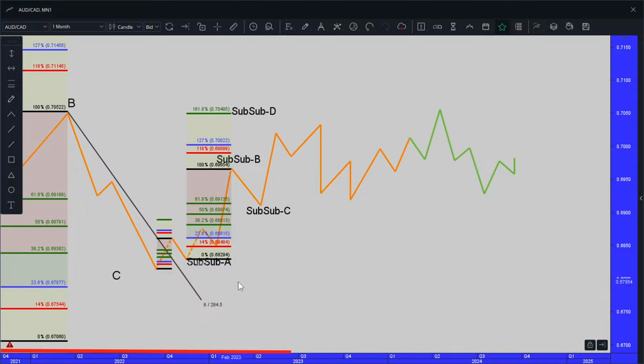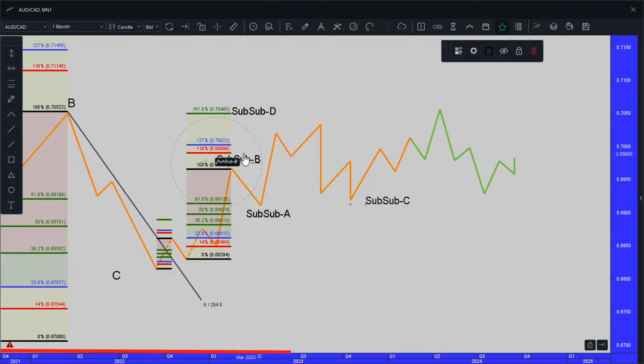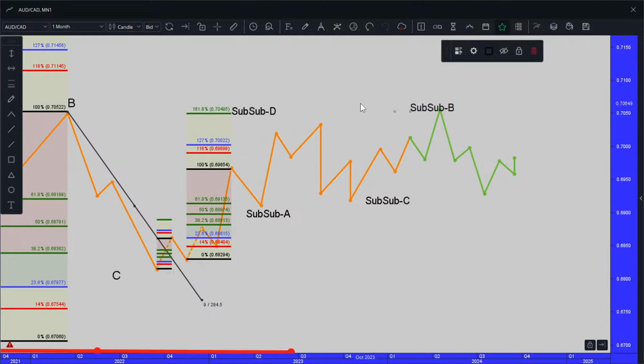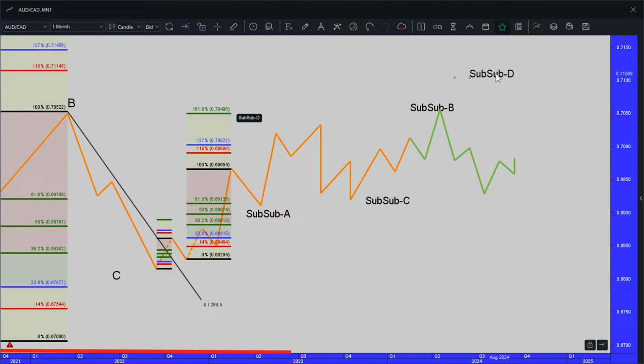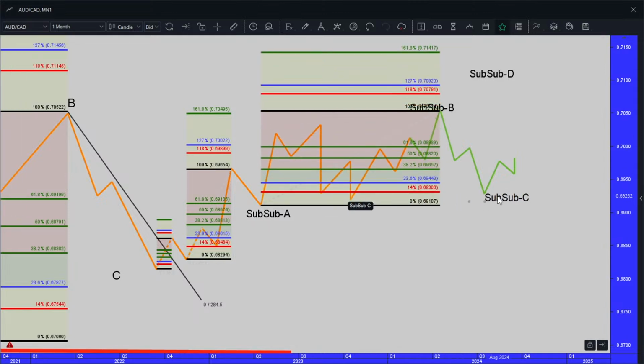We are going to readjust the Fibonacci. So sub-A goes to sub-C, and sub-B goes up in here to sub-D, and we are going to readjust our Fibonacci of the confirmation.